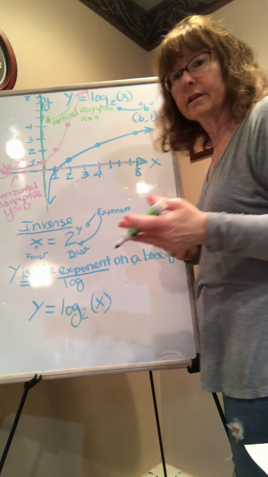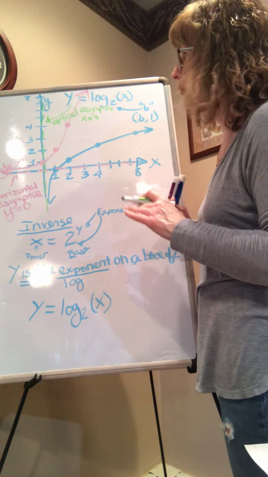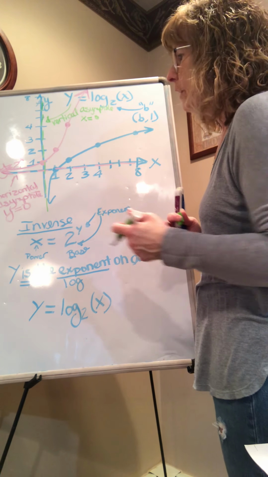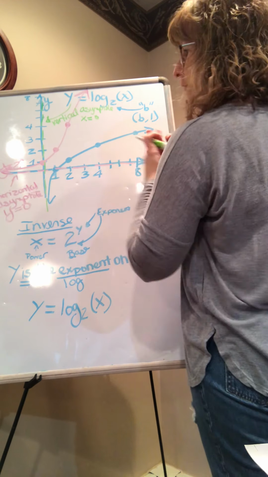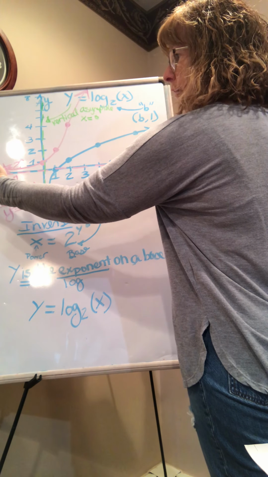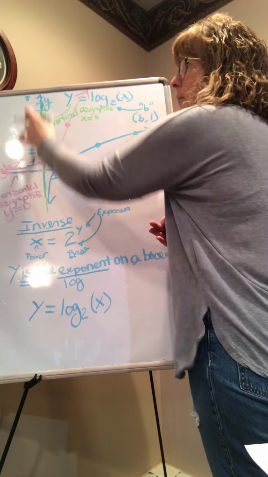Now that matters a lot. We talked about this a lot because we also said that the domain of the exponent graph is all real numbers, and the range was only positive above 0.